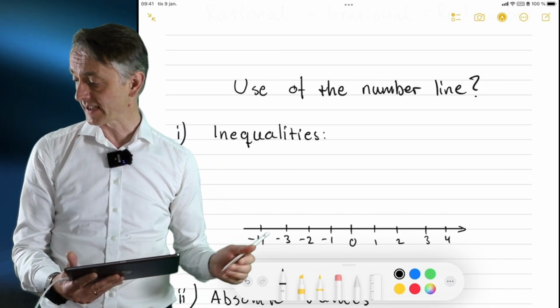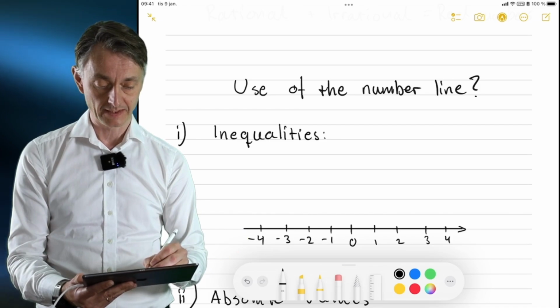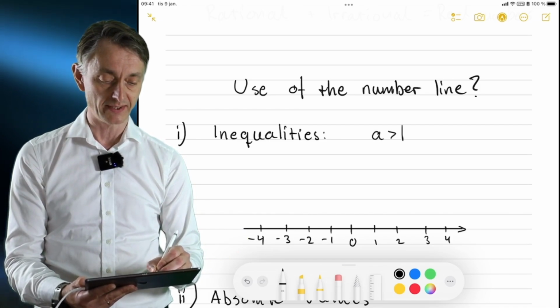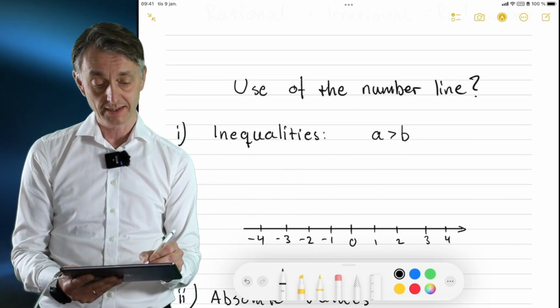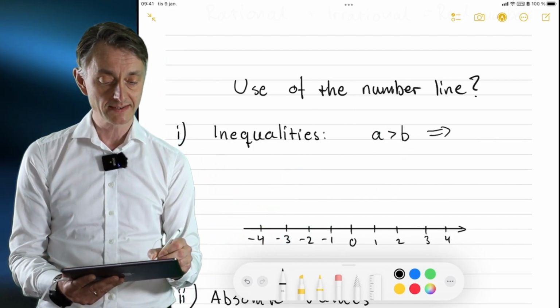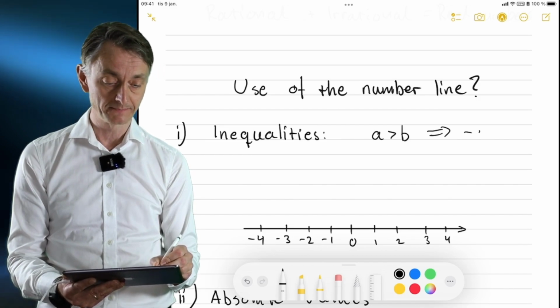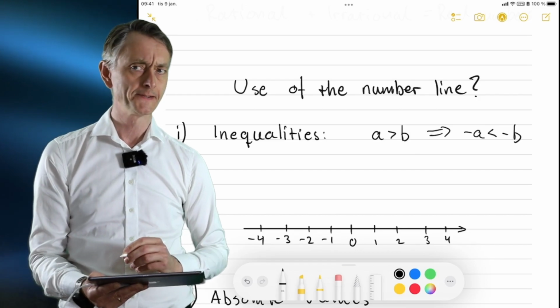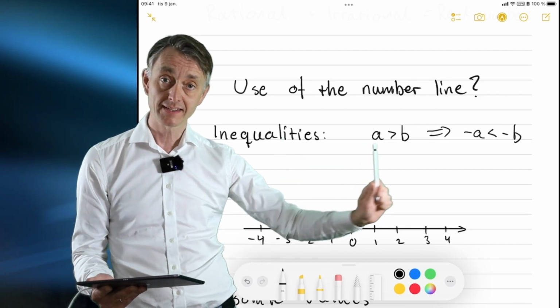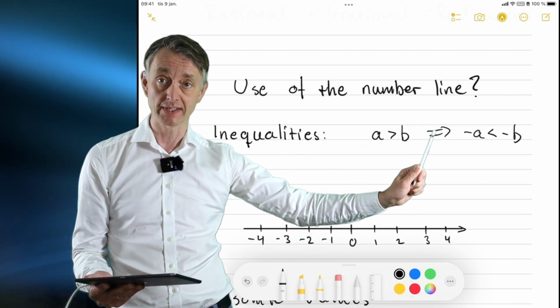Now, one example of that would be, for example, A is greater than B. So if some number A is bigger than some number B, that implies that the negative of A is then smaller than the negative of B. In fact, this arrow here is an implication arrow, right?